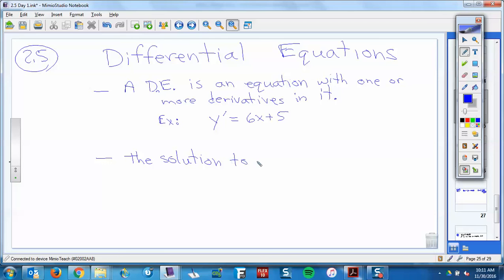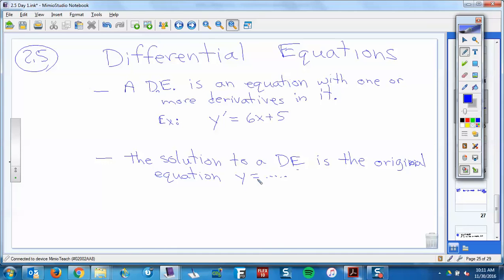The solution to a DE, a differential equation, is the original equation, y equals da-da-da-da-da. Which is the antiderivative. Well, sort of. The antiderivative is going to be involved, right? In other words, if you've got y prime, do the antiderivative, you get y. That would be an example, but I'll show you why that's not the whole story. Okay, the solution is the original equation.